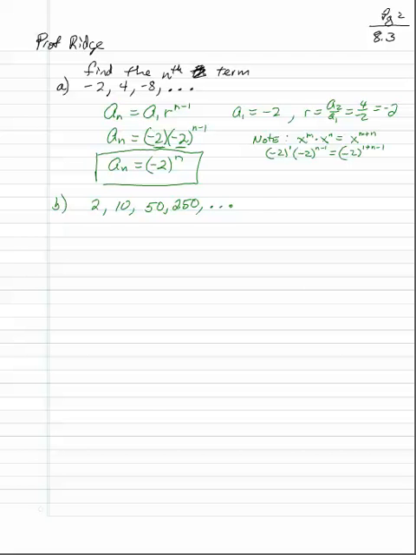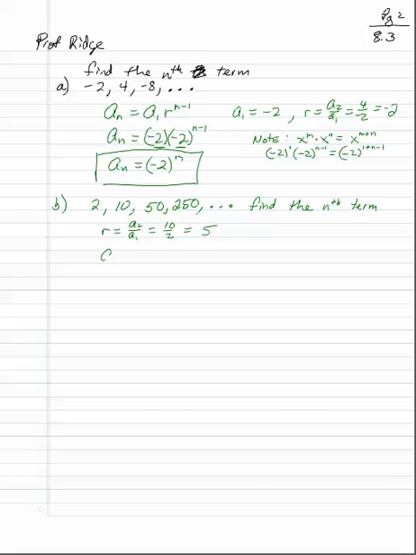Okay, so for this one, let's find the 9th term. Again, we can just figure out what r is. So we're going to do a sub 2 over a sub 1, which is 10 divided by 2, which is 5.